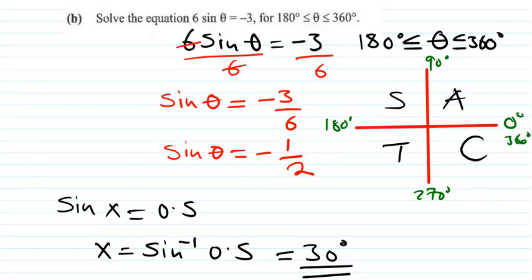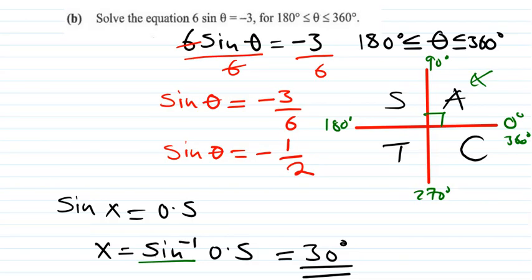All the angles that we find on the calculator when we're using sine inverse, cosine inverse, tan inverse are between 0 and 90 degrees. That's why the angle we found from a calculator is 30 degrees. We call these reference angles. They help us find angles in the other quadrants.